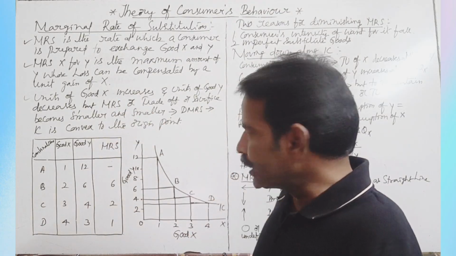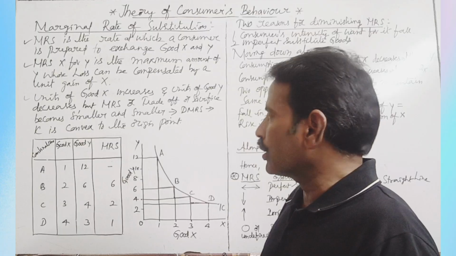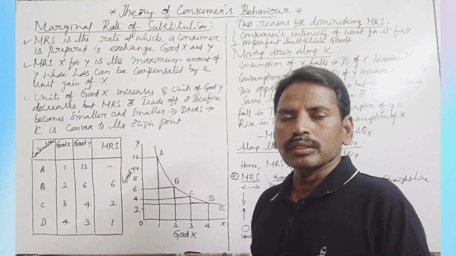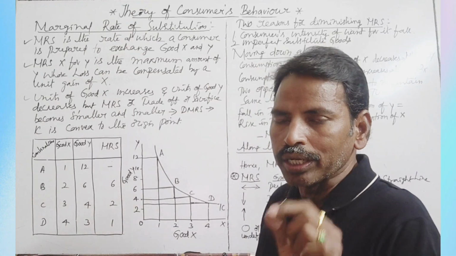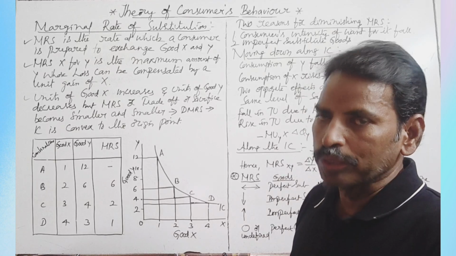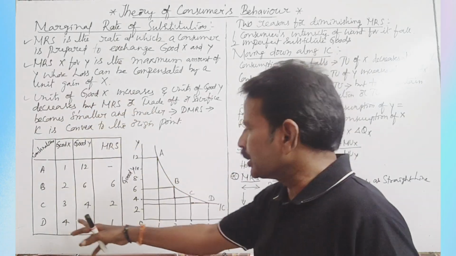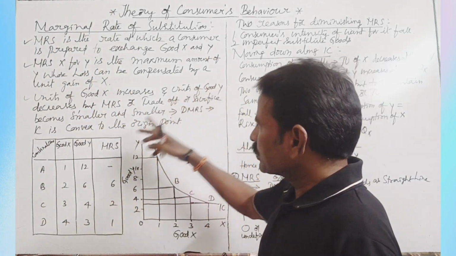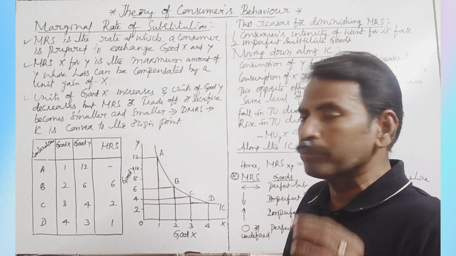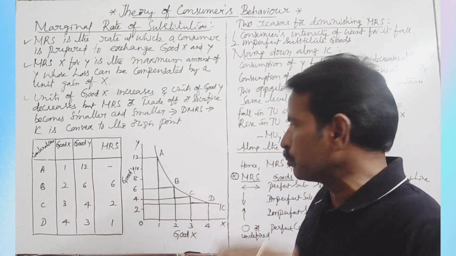As units of good X increase, units of good Y decrease, but MRS, or trade-off or sacrifice, becomes smaller and smaller. 6 to 1, it becomes smaller and smaller.